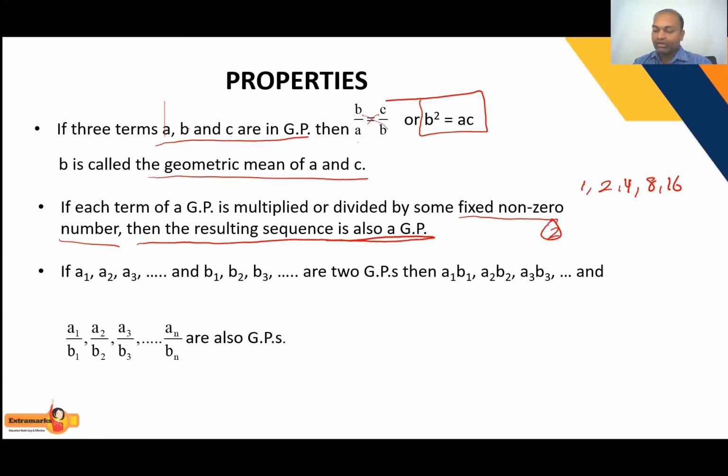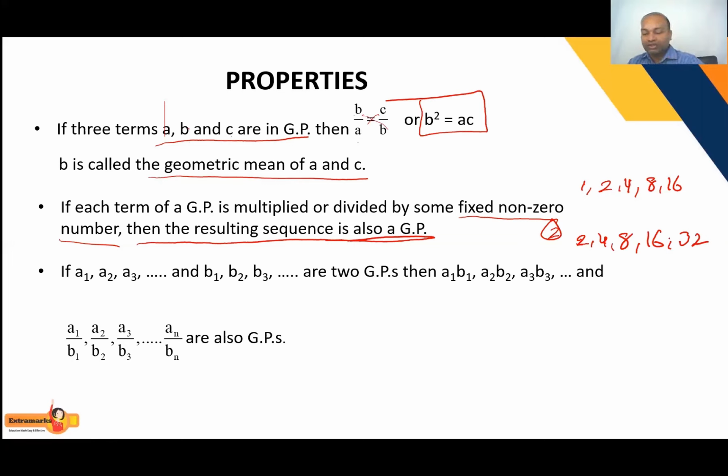Multiply each and every element by 2. So observe what happens. 2 ones are 2, here I am writing 2. Next, 2 twos are 4. Next, 2 fours are 8. Next, 2 eights are 16. Next, 16 into 2 is 32. We got 2, 4, 8, 16, 32.